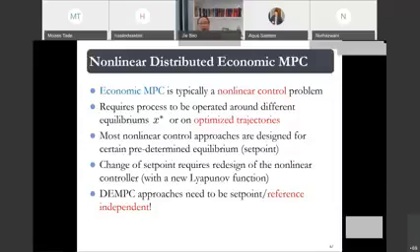But if the process is nonlinear, the economic MPC problem is a typical nonlinear control problem, because you have to drive the process to different set points at different times as a result of online optimization, or to follow and optimize the trajectory. And those trajectories may change from time to time depending on the market demand, the cost of utilities, the cost of raw materials, and so on.